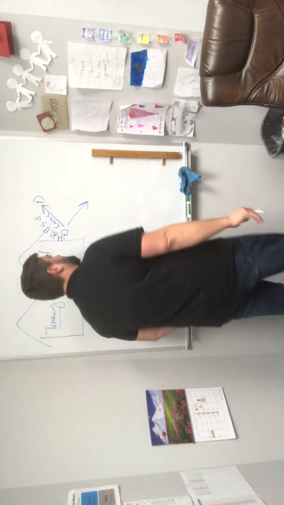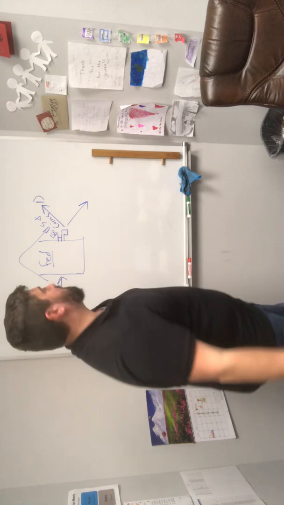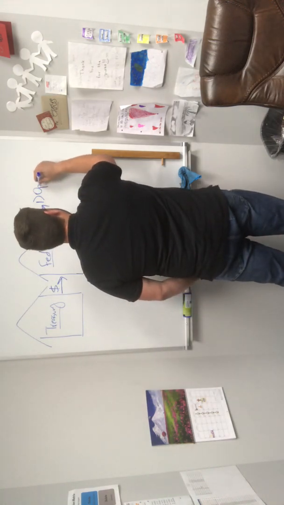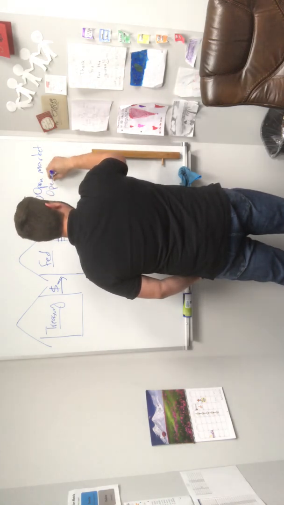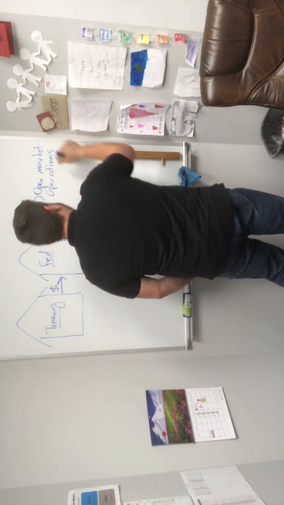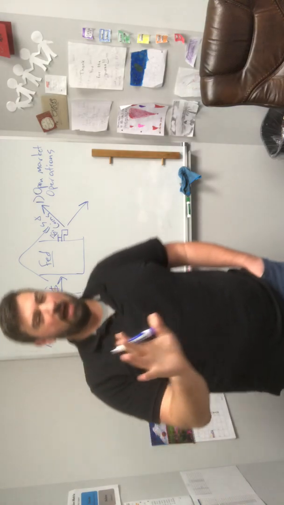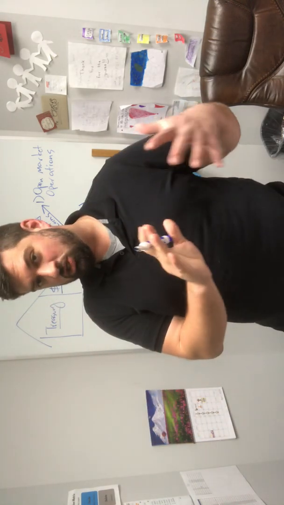In your textbook, that is called open market operations. This part deals with how much currency is in circulation.